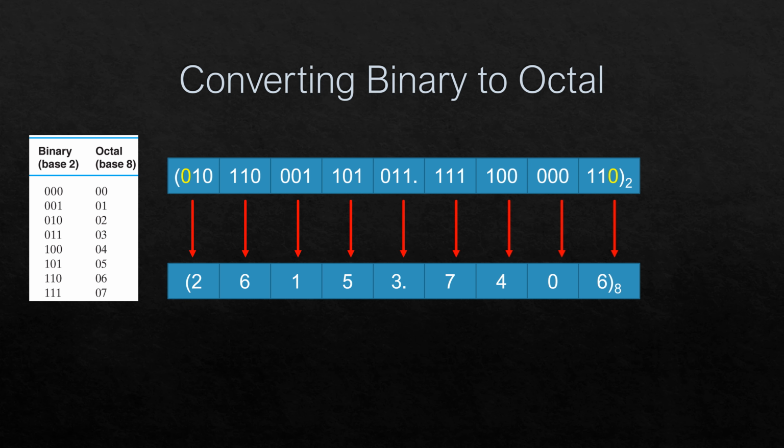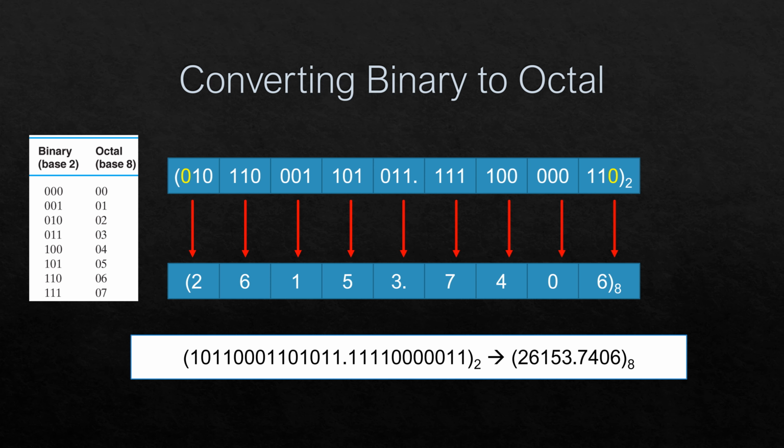110 binary is 6 octal. 001 binary is 1 octal. 101 binary is 5 octal. 011 is 3 octal, and we keep our radix point at the same position. 111 is 7 octal. 100 binary is 4 octal. 000 binary is 0 octal, and 110 binary is 6 octal.